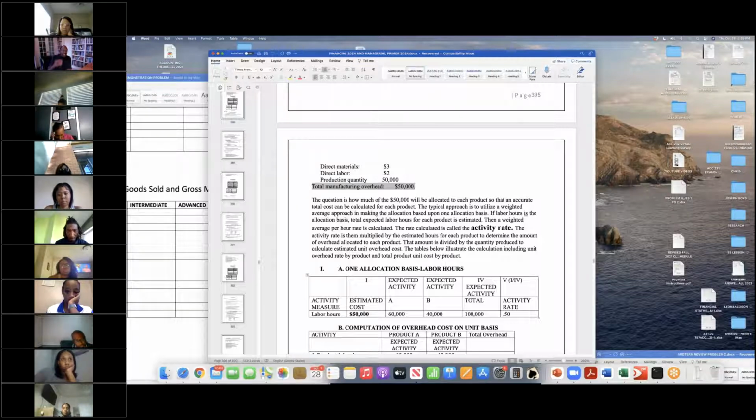And we think that the labor hours are going to be 60,000 for A and 40,000 for B. We simply add these labor hours together, get 100,000. We divide column 1, the estimated cost, by the total hours, and we get an activity rate of 0.5.